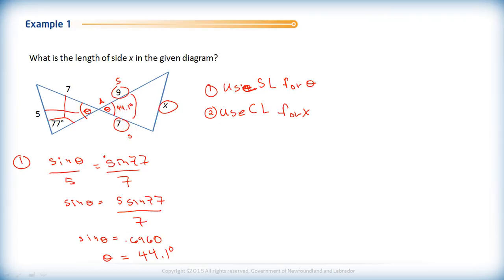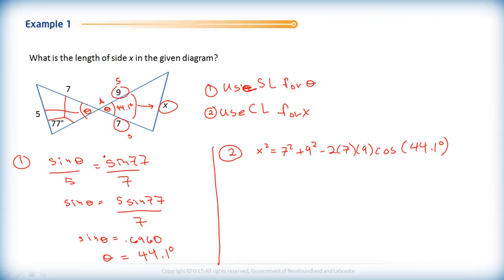So we're going to use our cosine law to project over there and figure out what x is. So let's see how we do that. Second step, jump right to the formula. Should be comfortable with that by now. C squared is a squared plus b squared, so 9 squared plus 7 squared minus 2ab cosine of angle C, which we just found to be 44.1 degrees.